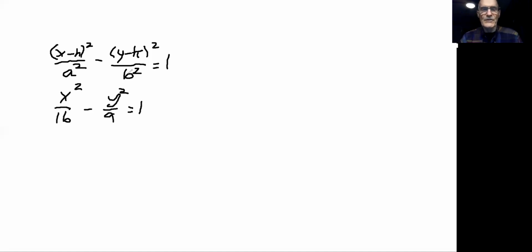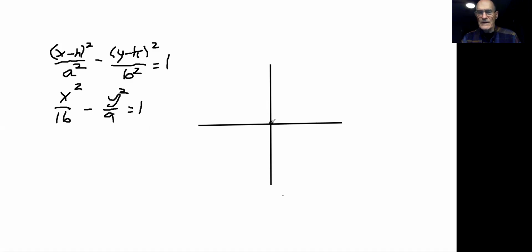Once again, it opens to the left and right. So we'll go ahead and create the axis here. Notice in this particular case, there are no h and k terms, so the center of this hyperbola is at the origin.